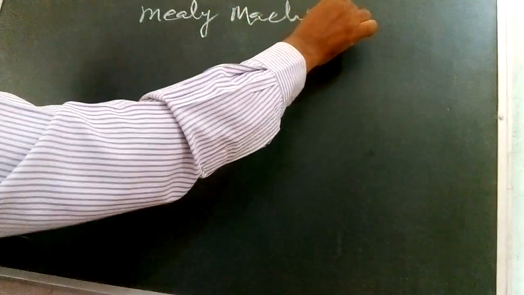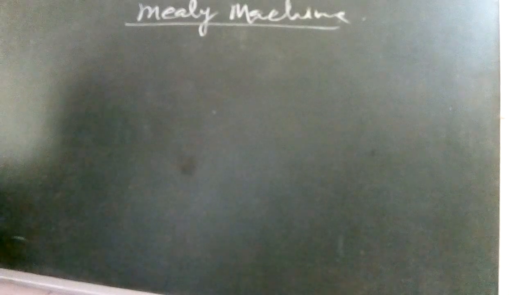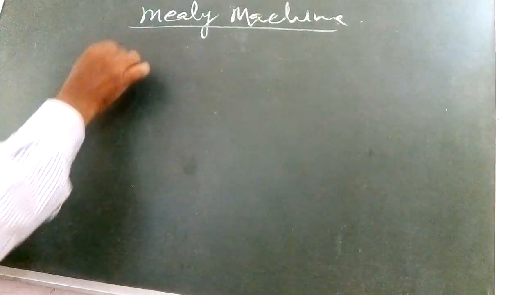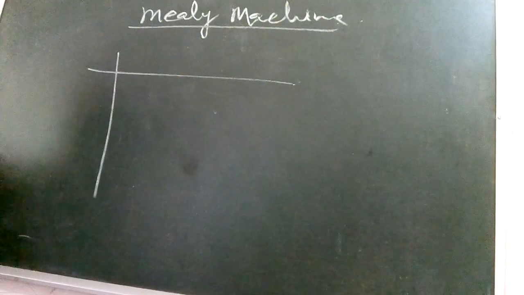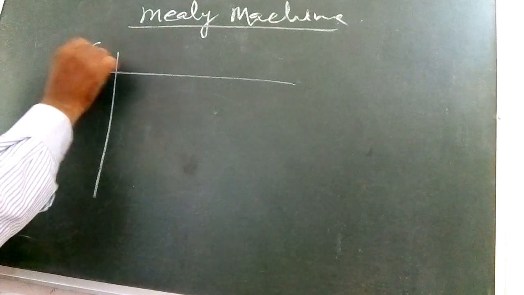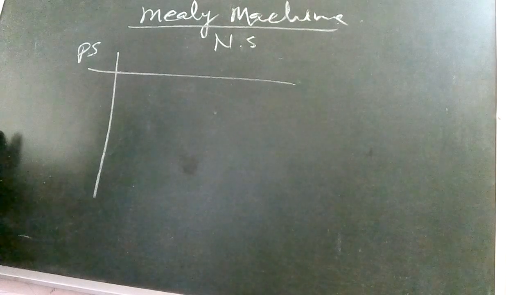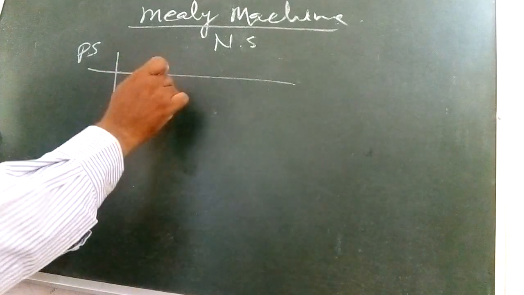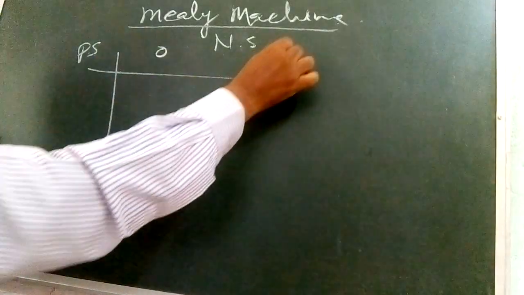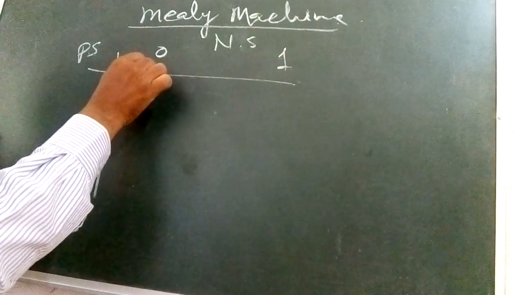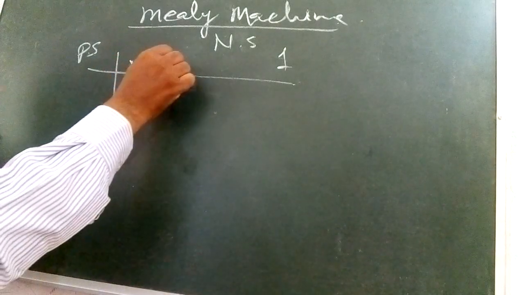Mealy machine's tabular representation will be like this: present state, next state, and the next state is divided for input 0 and 1 into next state and output.